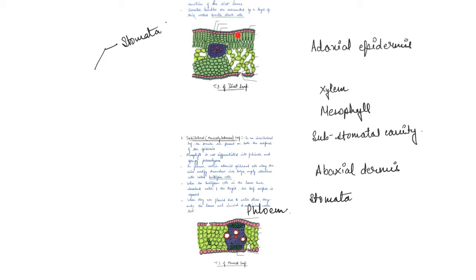Here you do not have stomata on the upper surface, but in the case of monocot leaf, you have stomata on the upper and lower surface, both. And also you can see that the bundle sheath is present just around the vascular bundle. Here you do not have that. Here vascular bundles are seen differently, and here they are very different, right? So see, so many differences are there between a monocot and a dicot leaf, right?